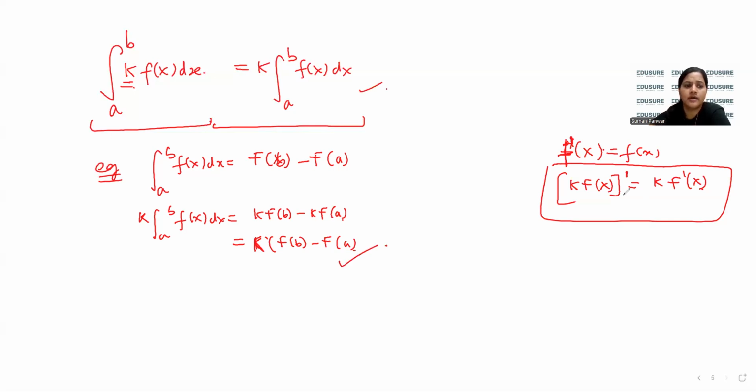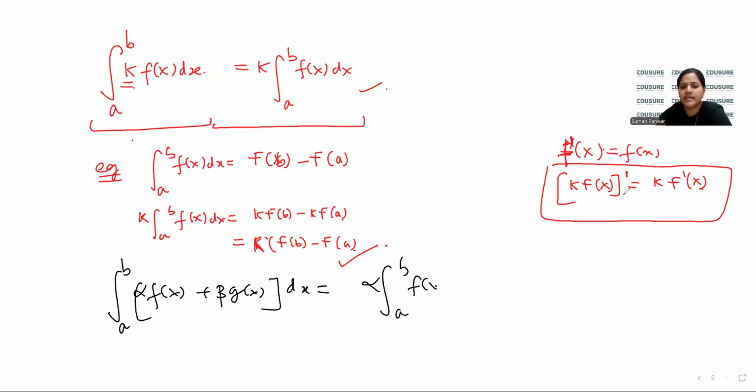So these properties can be expanded like this: the integral from a to b of alpha f of x plus beta g of x dx is equal to alpha times the integral from a to b of f of x dx plus beta times the integral from a to b of g of x dx.